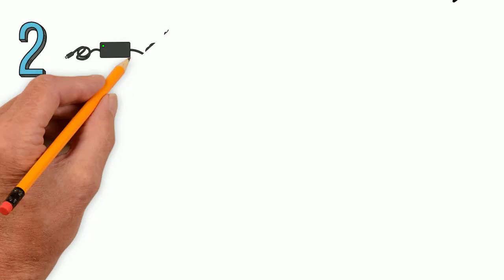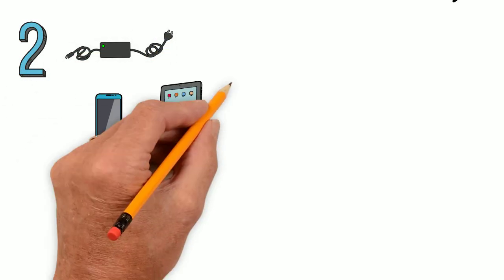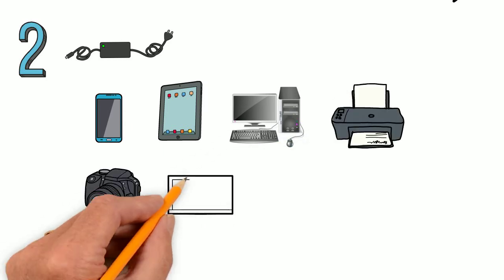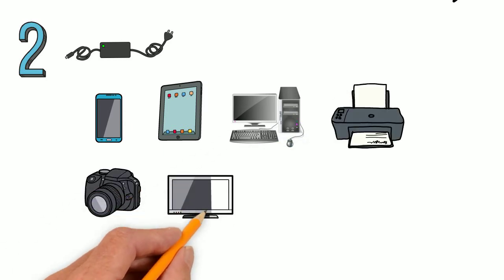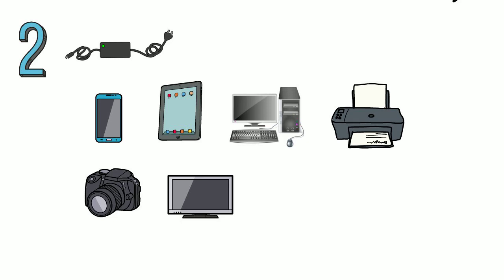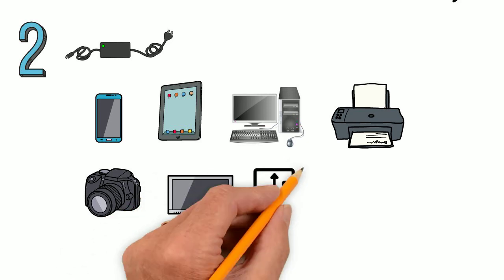Let's look into clue number 2. Devices with external power supply or transformer. Any charger for phones, pads, computers, printers, cameras and screens is using standby power when plugged into the socket but not connected to the device.